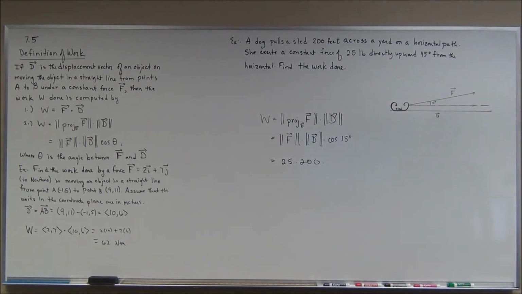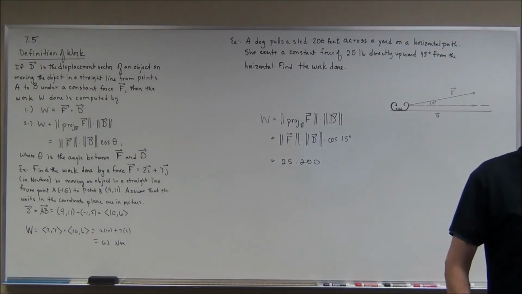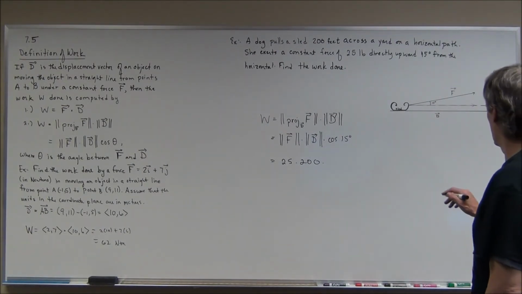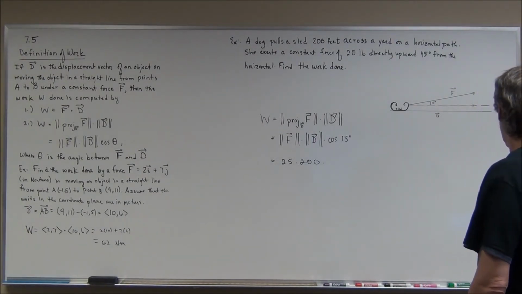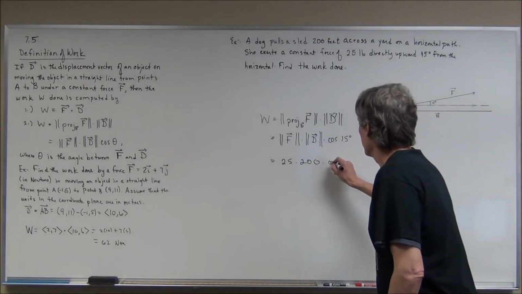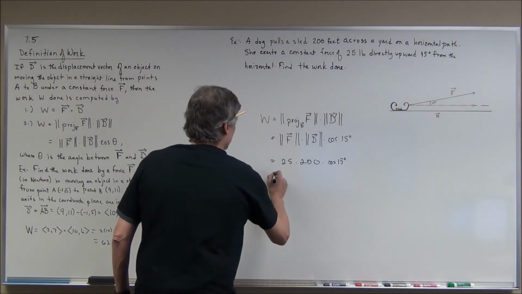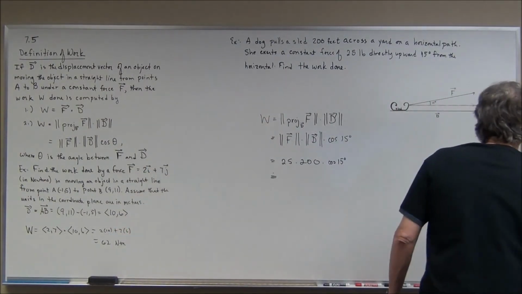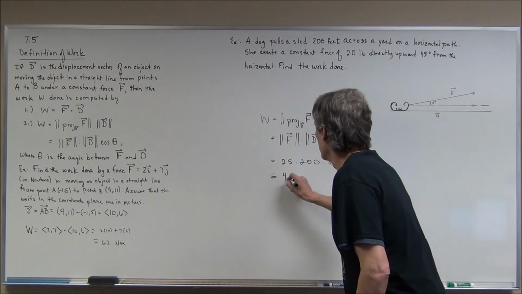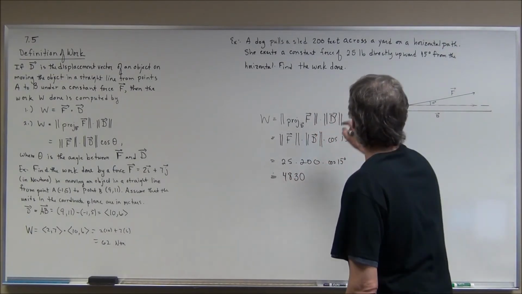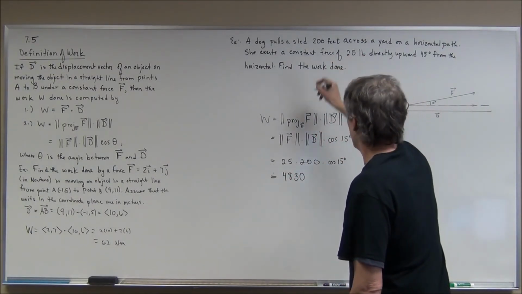Now, I don't know what the cosine of 15 degrees is off the top of my head, and I left my calculator at my desk, so I'm going to have to check my paper. According to my paper, the cosine of 15 degrees times 25 times 200 turns out to be approximately 4830, and this would be in foot-pounds.